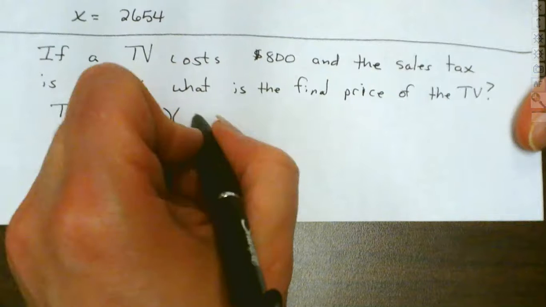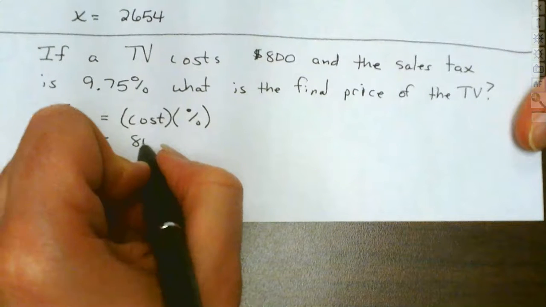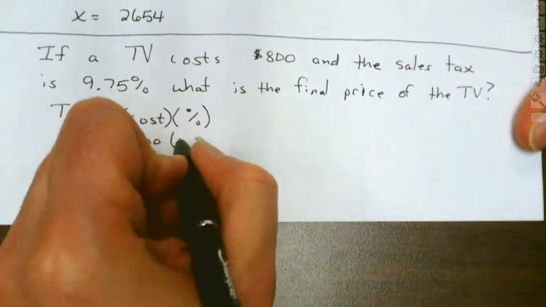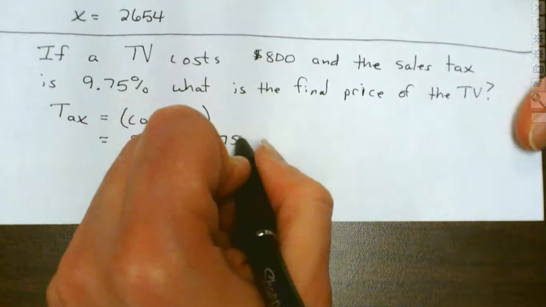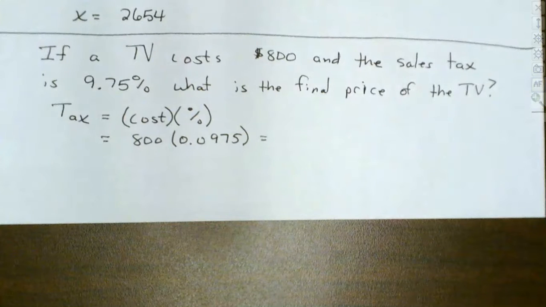the percentage rate. So the cost times our percentage. So that TV costs us $800. And then we've got 9.75% sales tax. So that would be 0.0975. And how much would that tax then come out to be? So we've got 800 times 0.0975.